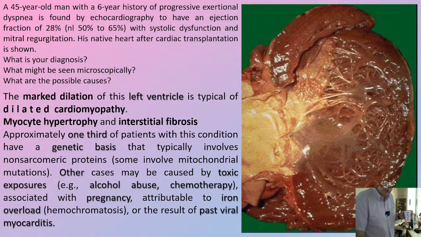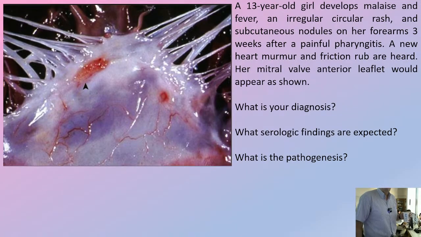Alcohol abuse and other more rare causes. Now have a look at the valves, at the valve of the mitral. You see the vegetations. However, they are not the vegetations of the infectious endocarditis we've studied in our previous lessons. These are related to a history of painful pharyngitis 3 weeks before.